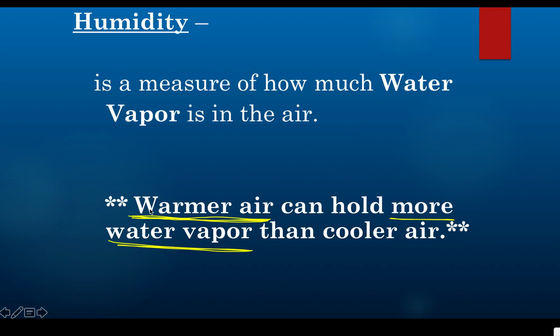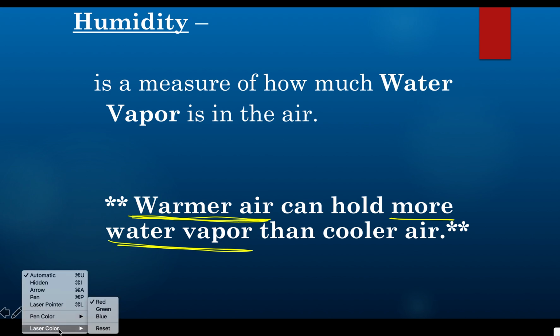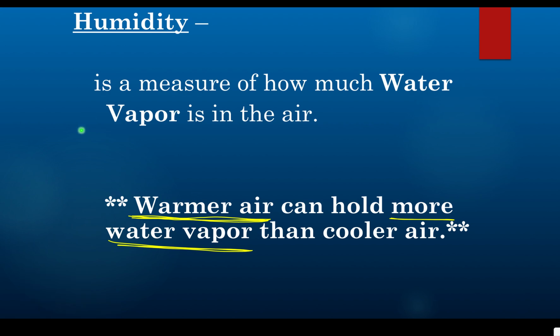So first thing, humidity is a measure of how much water vapor is in the air. That means how much water takes up each individual air molecule. We have an air molecule, and within that air molecule there is water vapor. How much of that air molecule's space is full of water vapor?